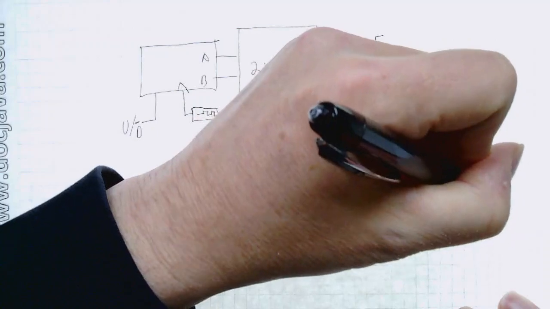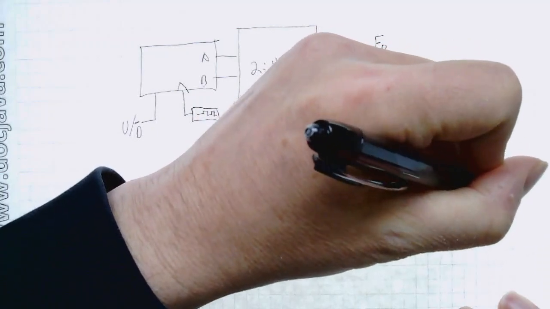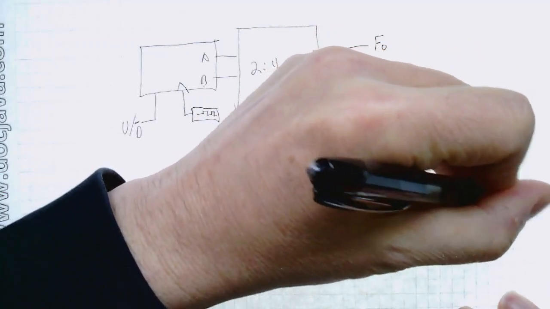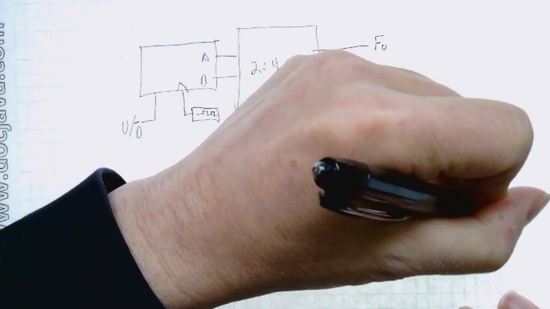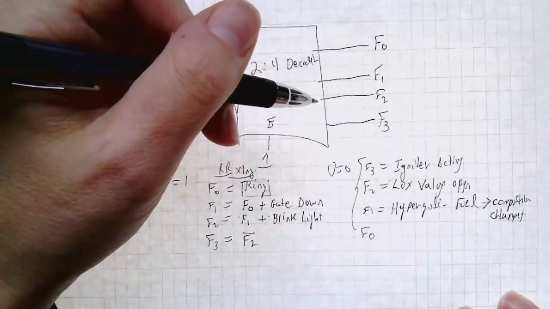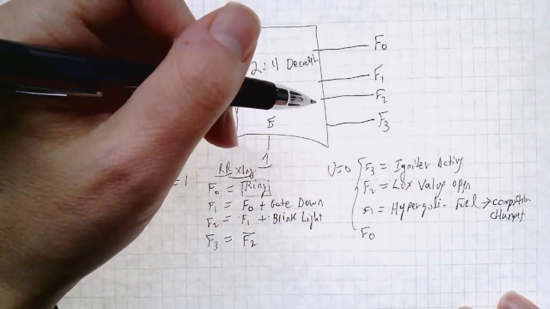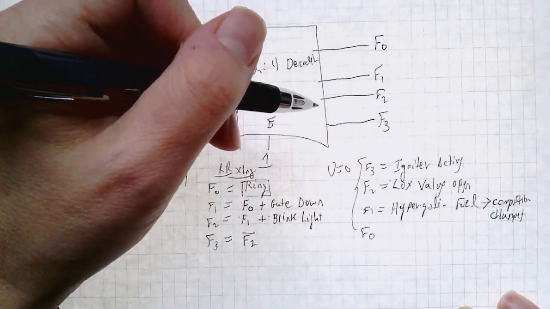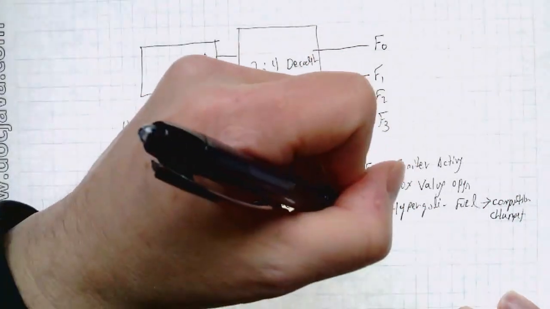Well, the hypergolic fuel goes directly into the combustion chamber. It gets your turbopumps running so that you can pump the 3 tons per second of propellant. And then comes the main fuel.